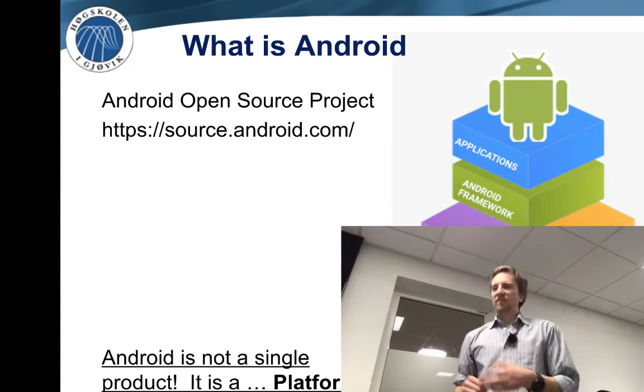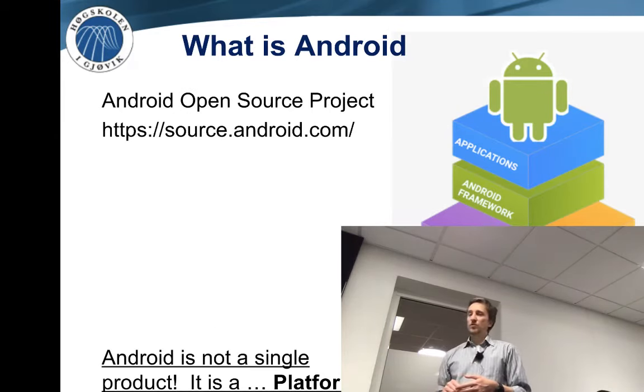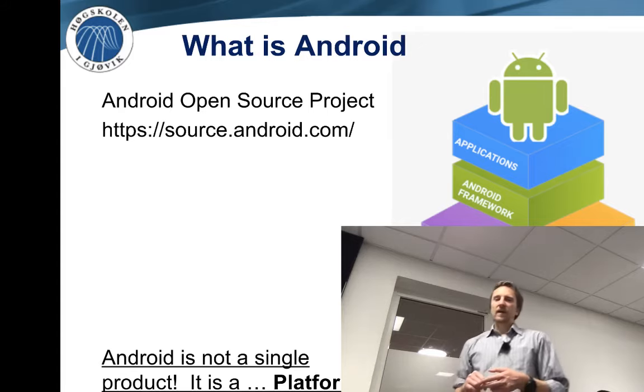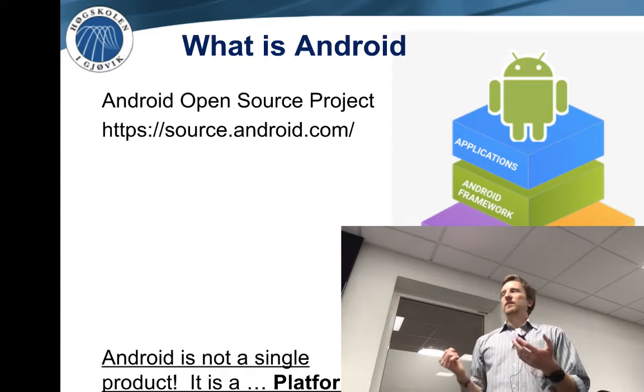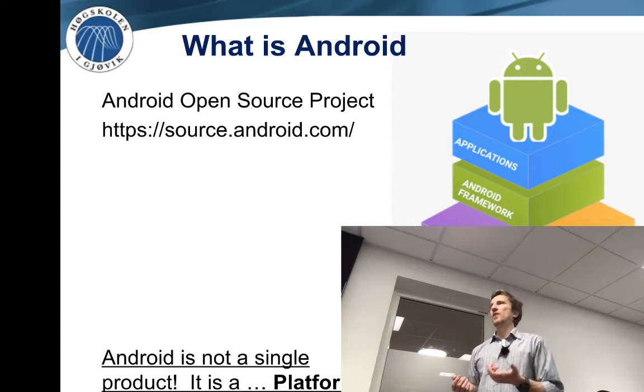So I've mentioned the Android Open Source Project, and it is something you can read more on. It demonstrates that Android itself is not just an OS. It's not just an operating system for phones. It's the entire platform.